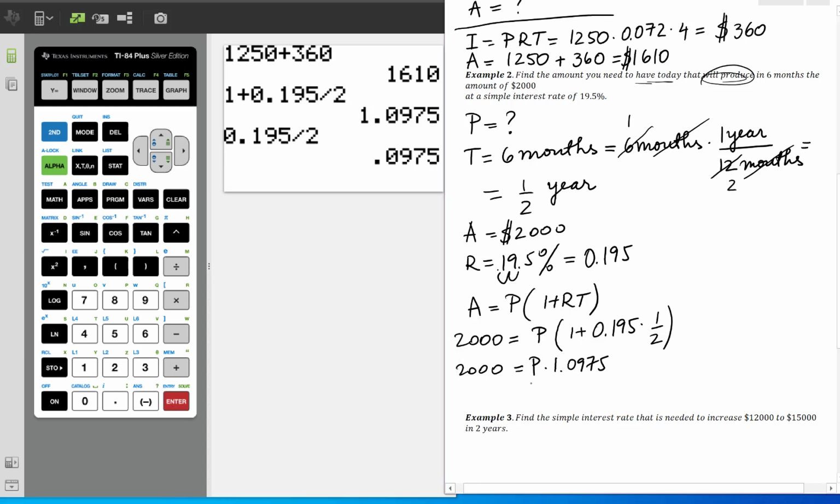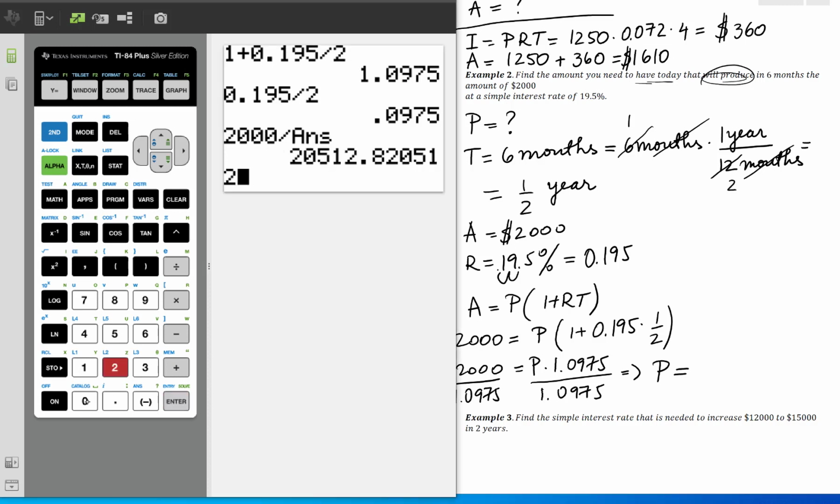Now, in order to find P, we're going to divide both sides by 1.0975. So we get P, the principal, is, so I need to divide 2,000 by 1.0975.